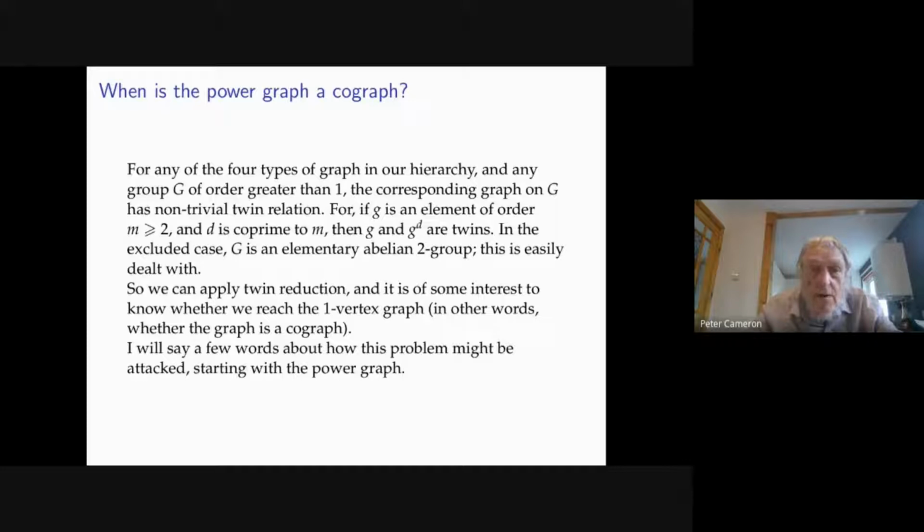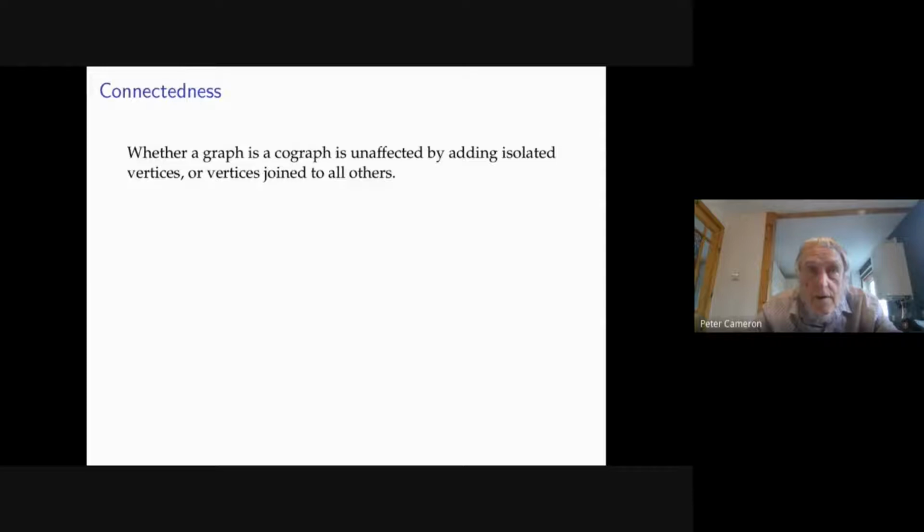So I'm going to say a little bit about how this problem might be attacked for any of the types of groups in our hierarchy, but I'm going to start with the power graph because that's probably the one that we know most about.